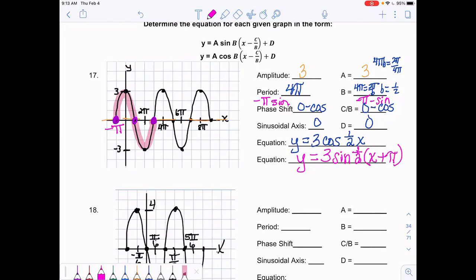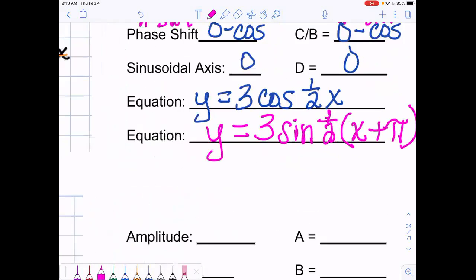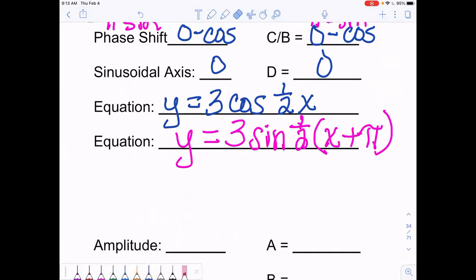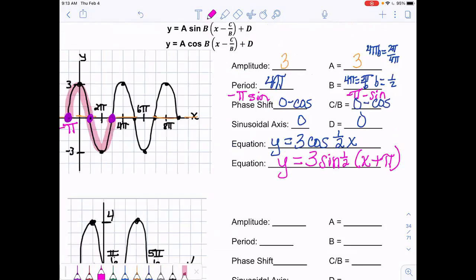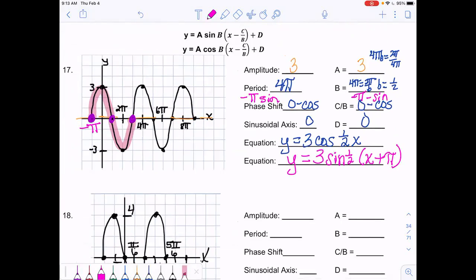So looking at the cosine equation versus the sine equation. Again, the only difference is the phase shift. Nothing else changes. Period is the same, amplitude is the same, the d value is the same. It just starts at a different point. Any questions on that graph or writing the functions for that graph?